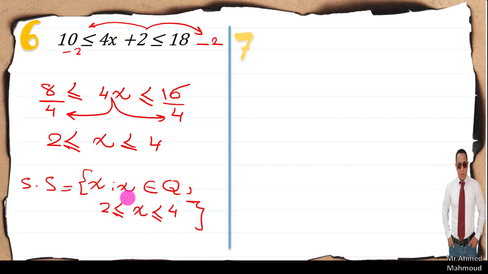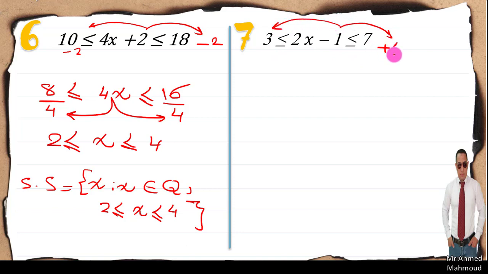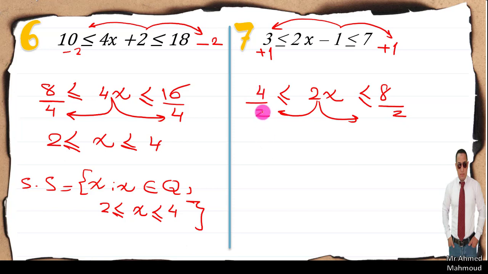Okay, number 7. 3 less than or equal 2x minus 1 less than or equal 7. So I'm going to send the plus 1 here and here. So it is plus 1 here and plus 1 here. 3 plus 1 is 4, less than or equal 2x, less than or equal 7 plus 1 is 8. Now I'm going to send 2 here and here. It will be over 2 here and over 2 here. 4 over 2 is 2, less than or equal x less than or equal 4.